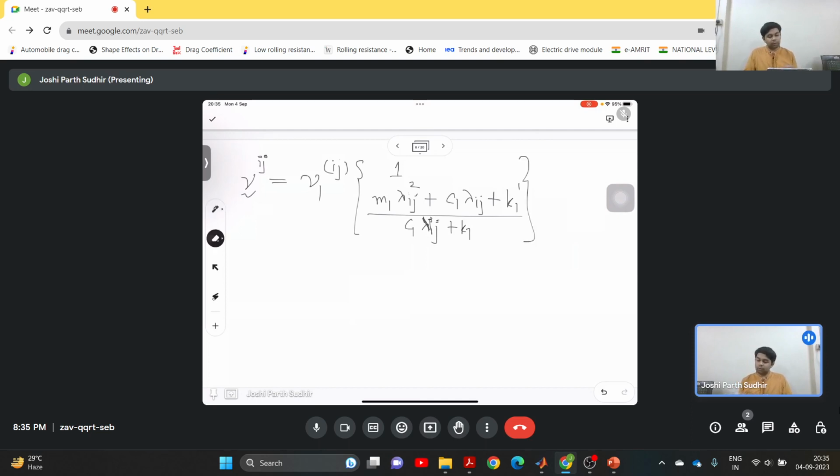So this will be our eigenvector corresponding to each eigenvalue lambda ij, and then our response will be a linear combination of our eigenvectors.